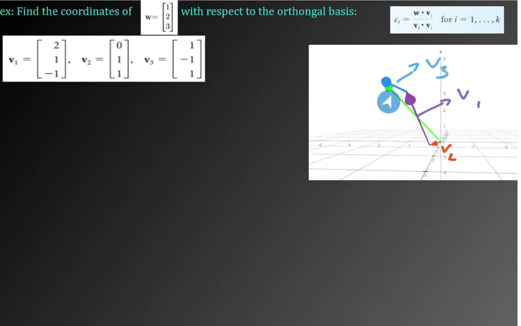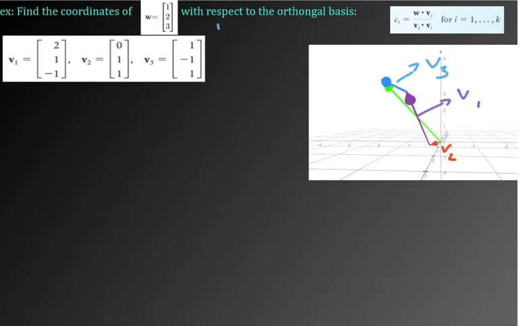So I can find W as a linear combination of these vectors using the computation we just saw on the last slide. You don't have to do any row reduction, which is how we had to do it before. And this is an orthogonal basis, which is important. So we're just going to do this kind of thing 3 times.